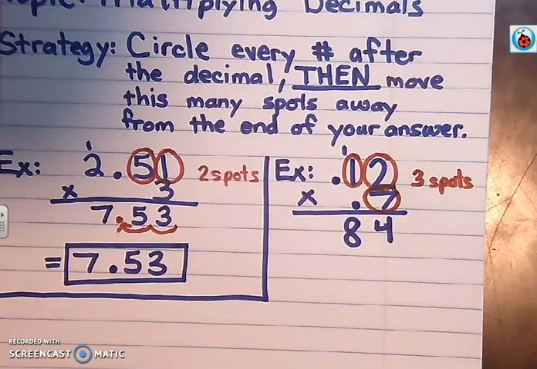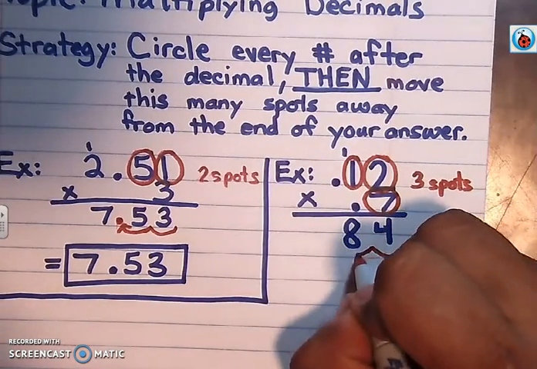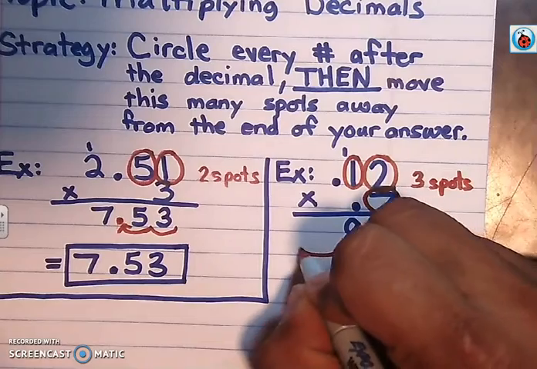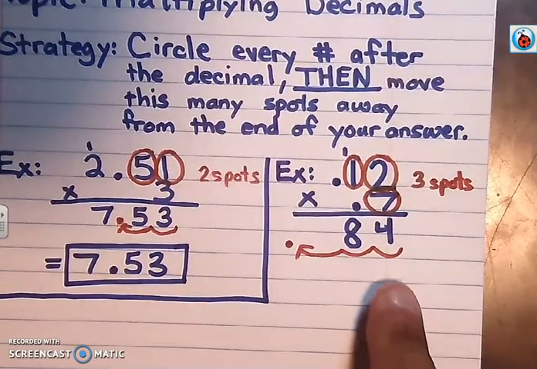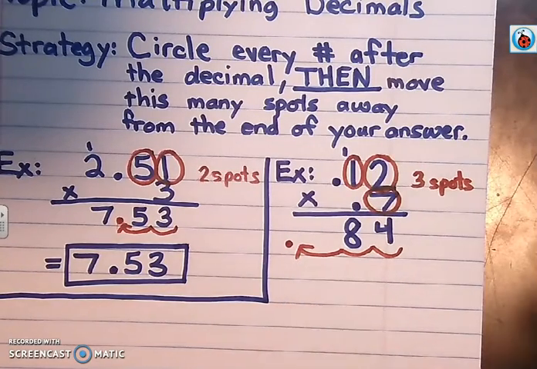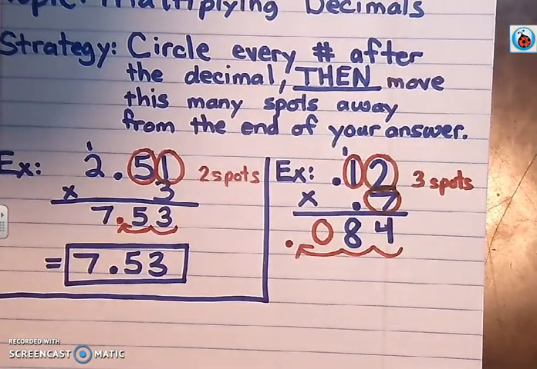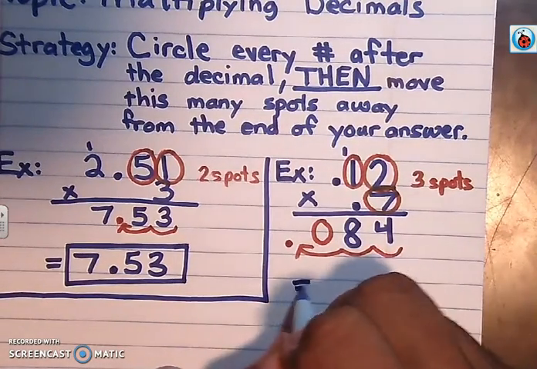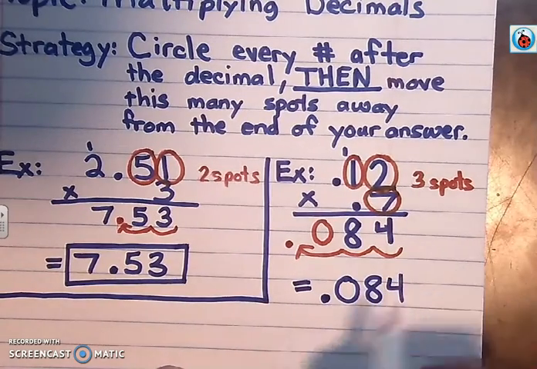So from the end of my answer, I need to go 3 spots away. So there's 1, 2, 3. One of those spots that I moved is blank. What number means nothing? 0. And that will become our final answer. Decimal 0, 8, 4.